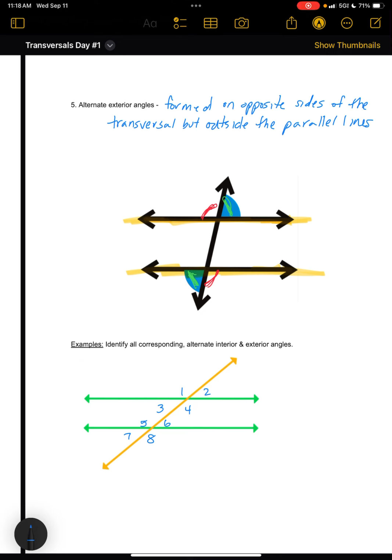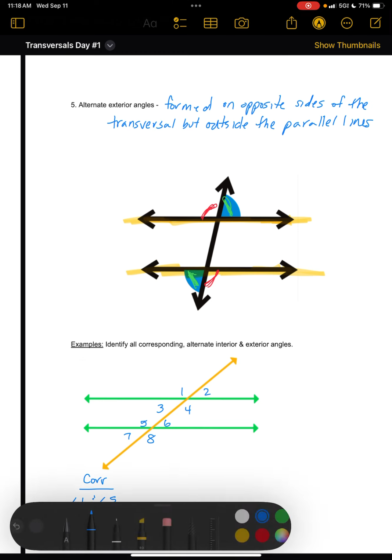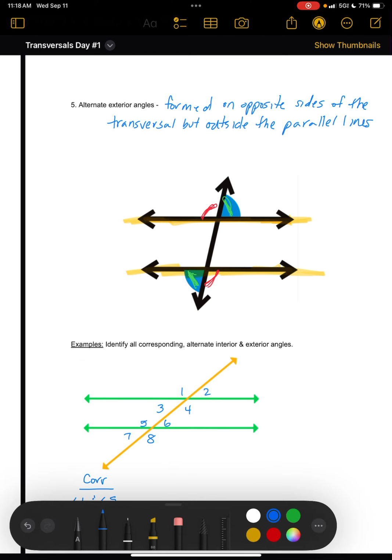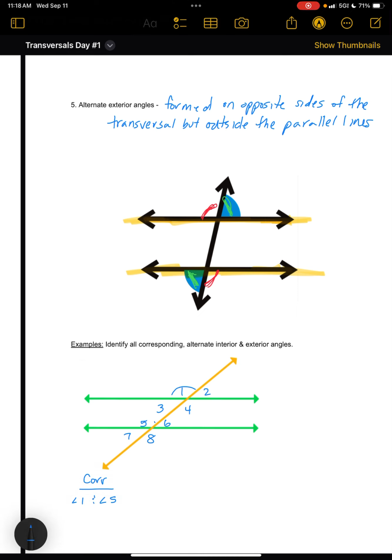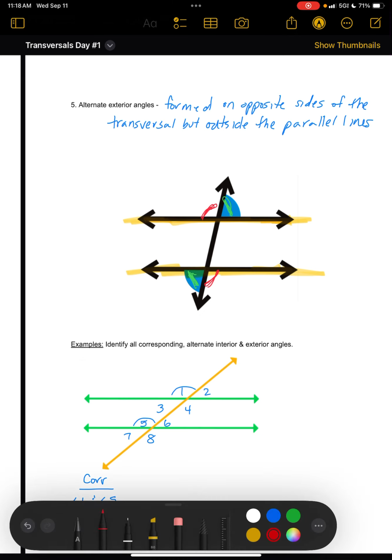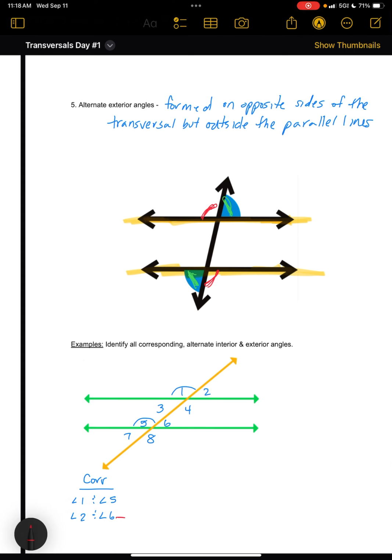So down here, we're going to say this is our corresponding. I have angle 1 and angle 5. Then I have angle 2 and angle 6. I'm going to do those in red.